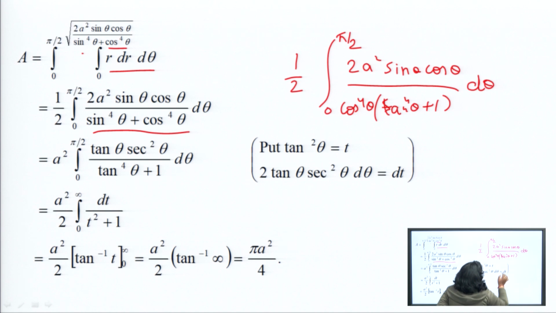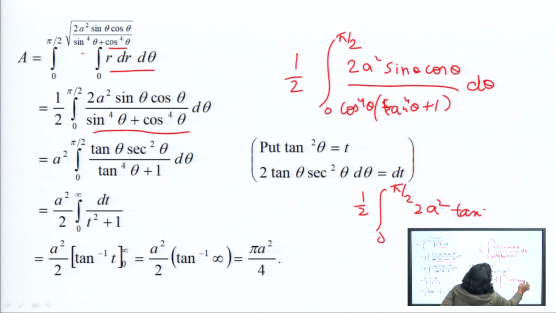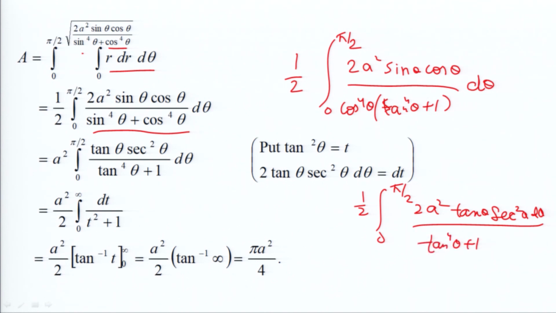Solving this, we get 1 by 2, 0 to pi by 2, 2a square, with cos theta and sin theta giving tan theta, and the remaining sin square giving sec square theta d theta upon tan 4 theta plus 1.